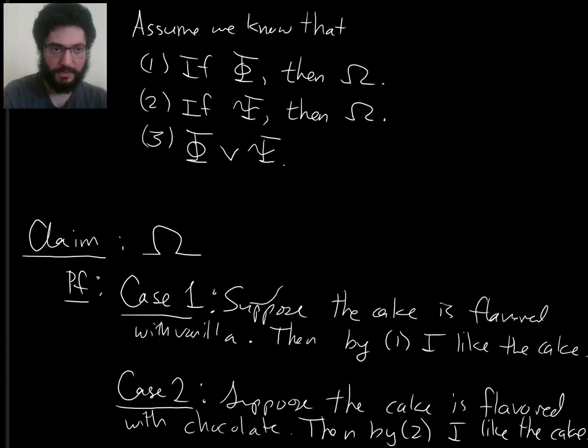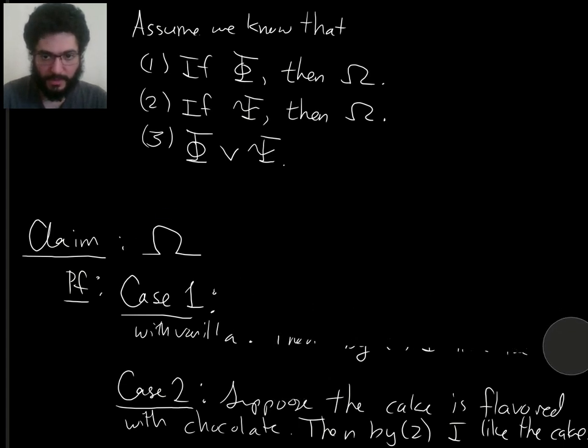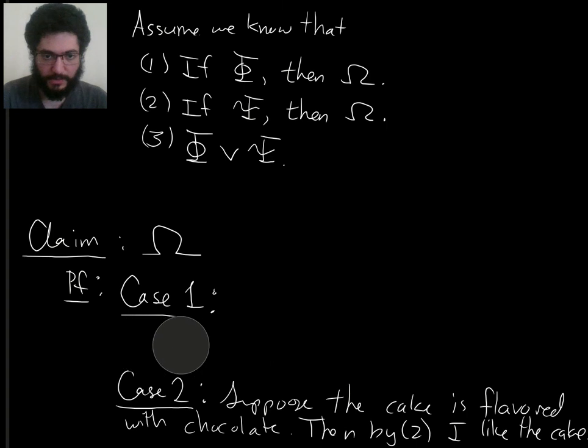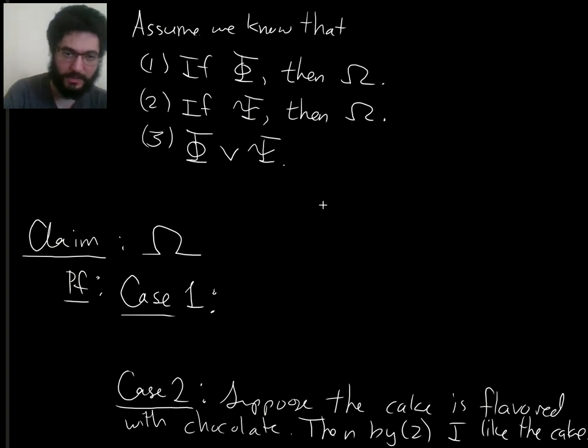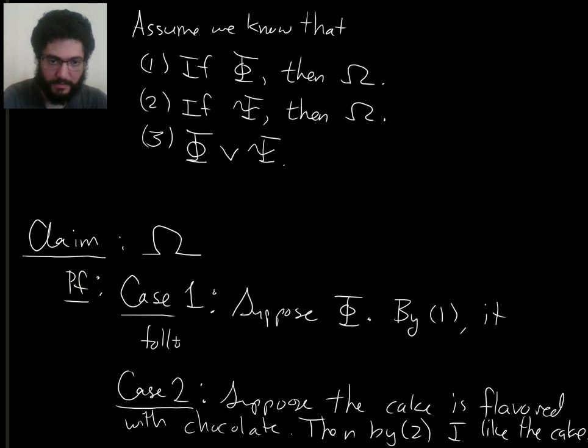And here's how the different cases are being handled. So case 1 says, suppose, so we know that either phi or psi, right? So suppose phi. By 1, it follows that omega.